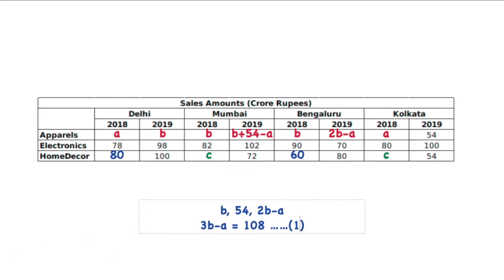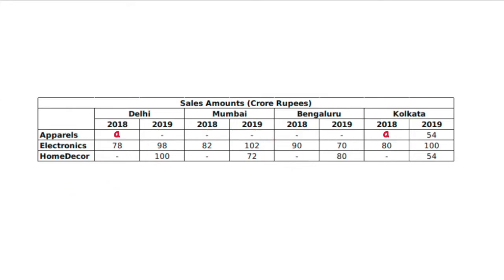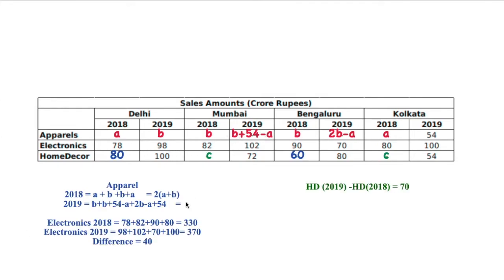Okay, and let us remember the old data that we had. We had that the difference for the electronic department is 40, and for apparel we did not have the whole data over there. We had some missing data, right? A lot of data was missing. So now we have all the assumed values. So this will be 50.